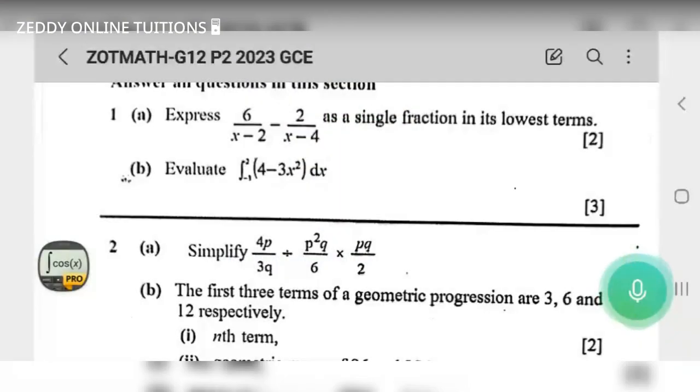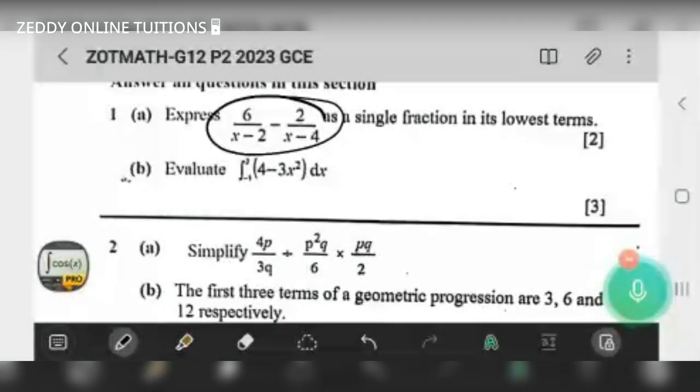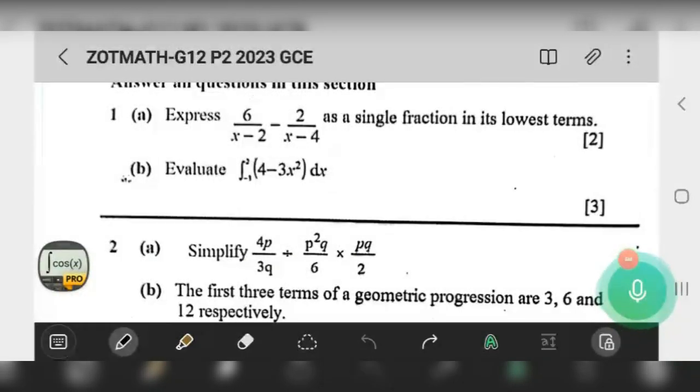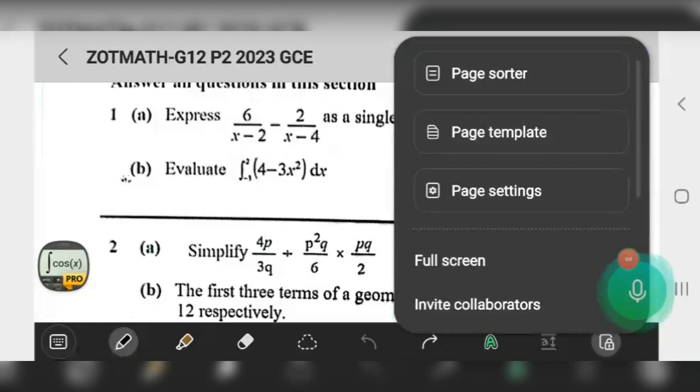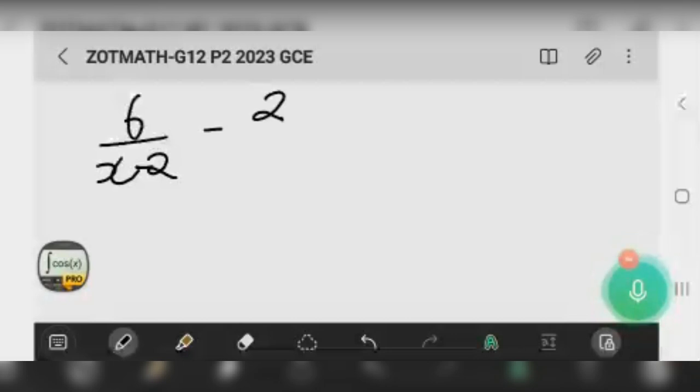If you're good at mastering, there's no space for solving here. So let's master this one. We've got 6 over x minus 2, minus 2 over x minus 4, all right? So hopefully you have a good memory.